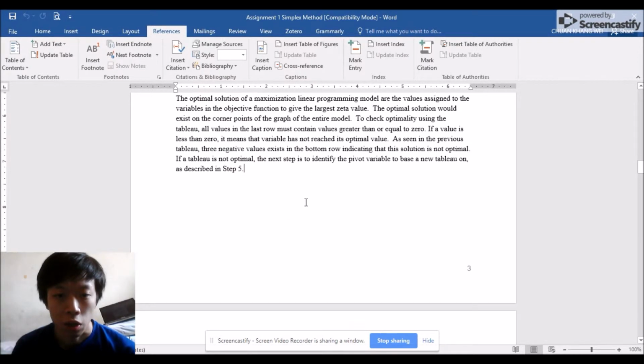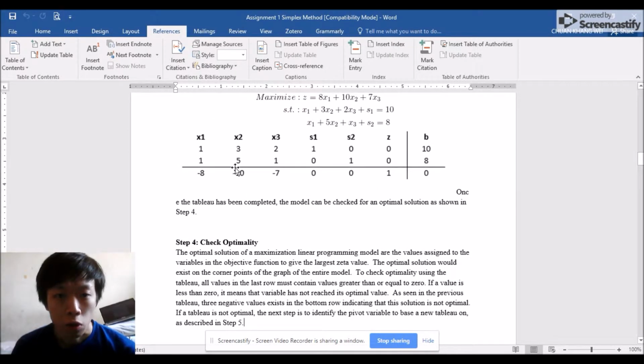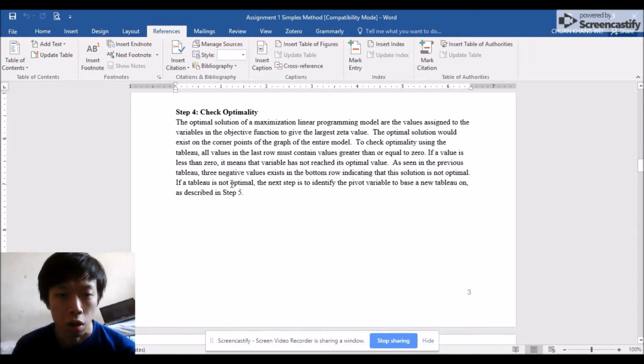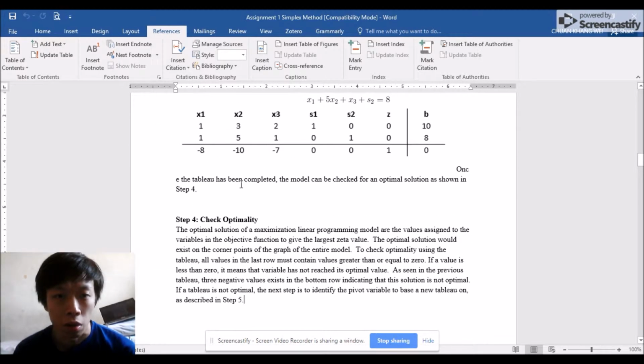Here we can see that the most negative coefficient is x2, which is negative 10. So we determine x2 as the entering variable here.